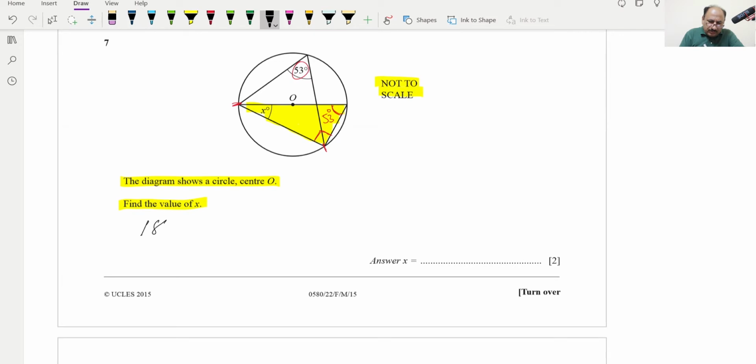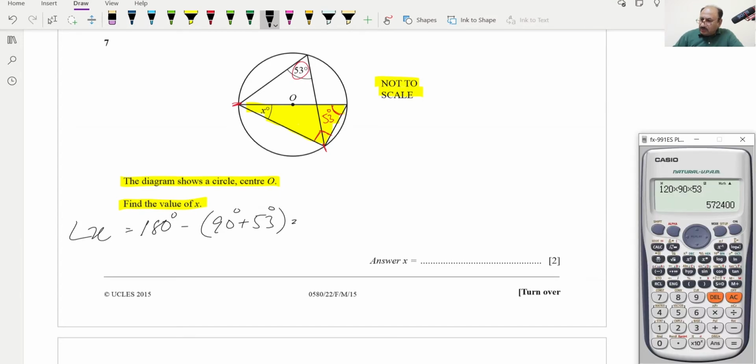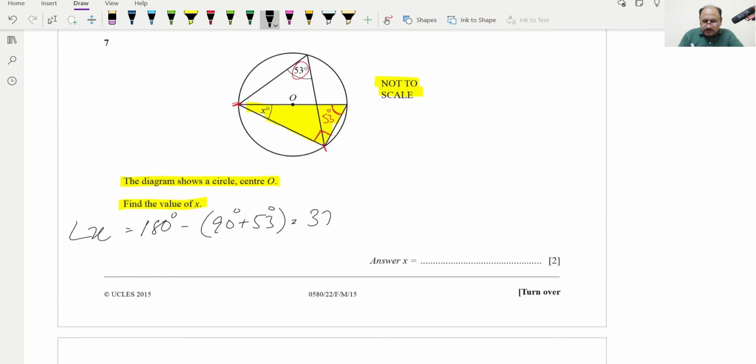So x will be equal to 180 minus 90 plus 53 degrees, and this is equal to 37. So 37 degrees. This will be the answer which we can provide over here, 37 degrees.